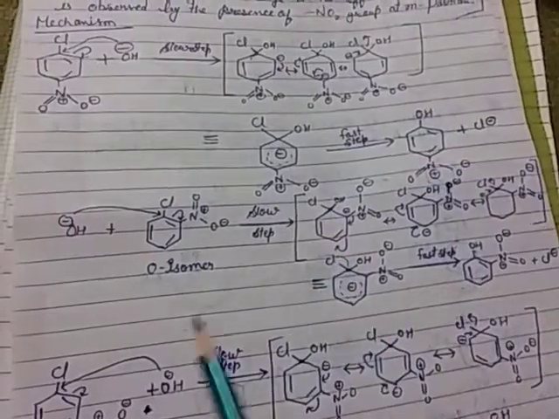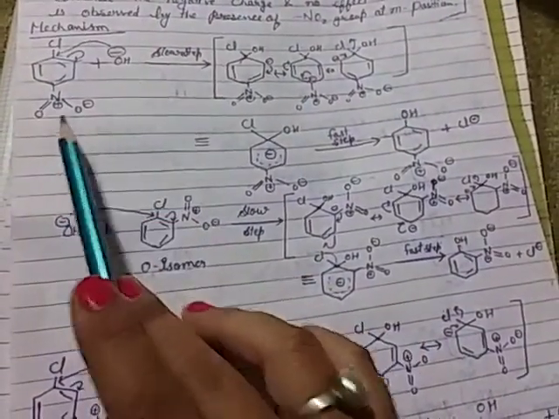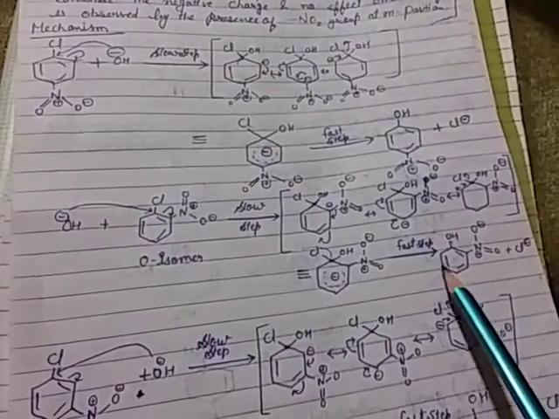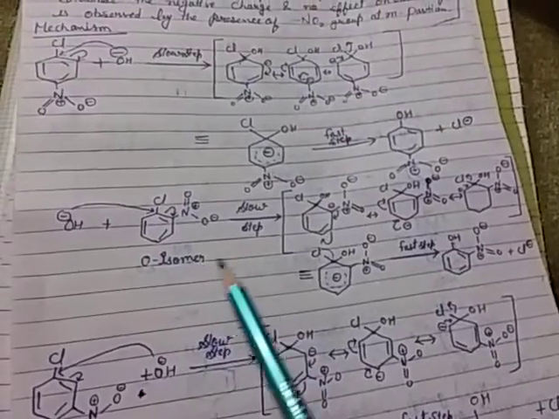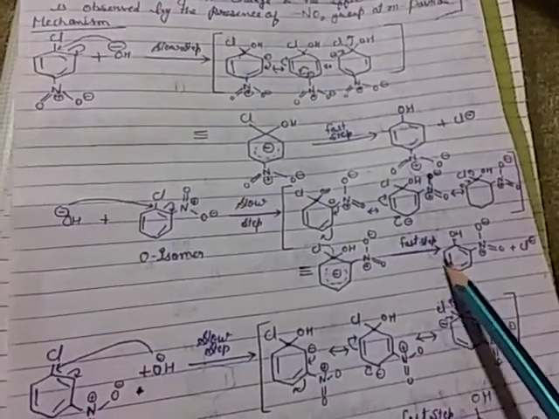Again, backside attack of OH minus at the para position and here the ortho position gives the ortho isomer. But this is the slow step: the first step is slow and the second step is fast.